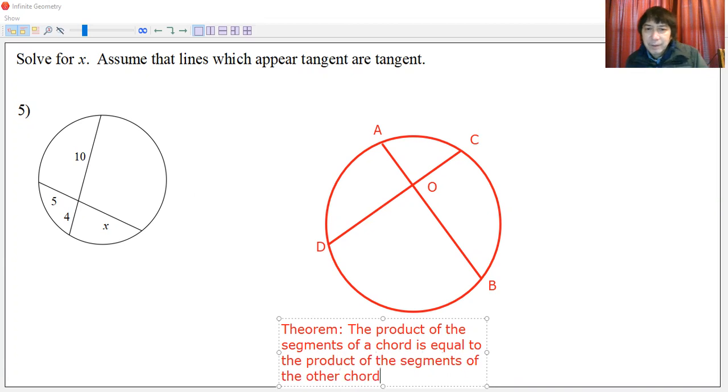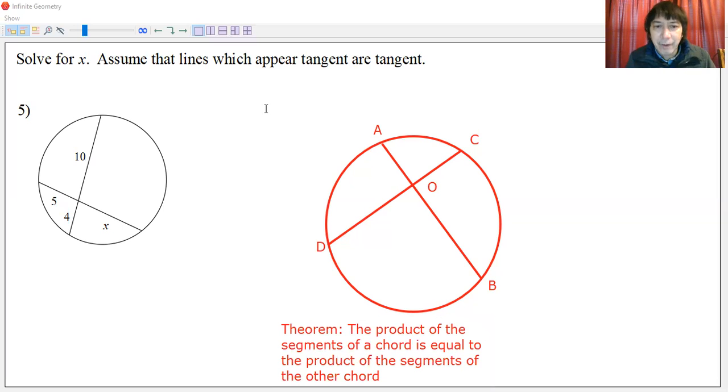Let's put this in the clipboard, so we will use it each time we encounter this diagram. We'll just paste it in each time we solve another problem like this.